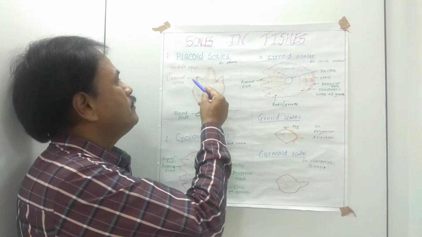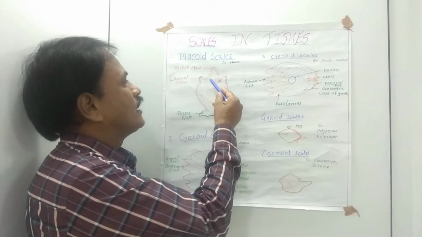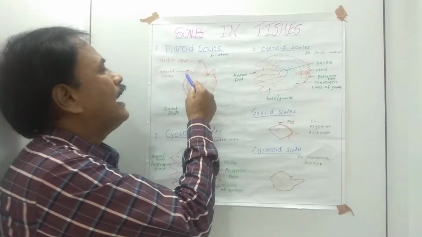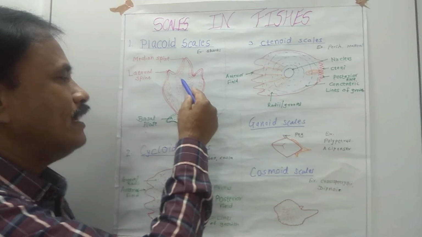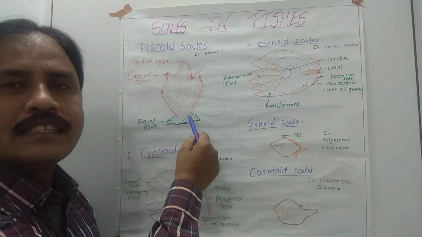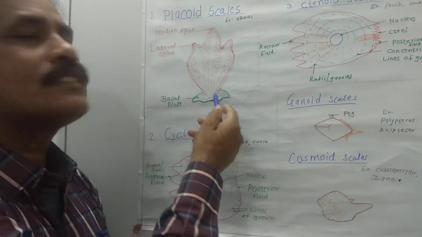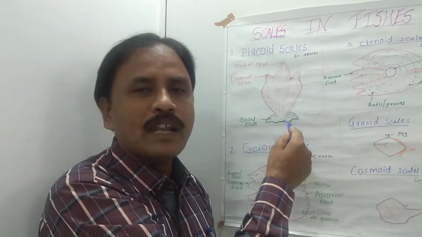Now, this projected portion shows three lobes, that is the median spine and the two lateral spines, while the basal plate is embedded in the mesoderm, that is in the dermis layer, and the ventral surface consists of the pulp cavity.